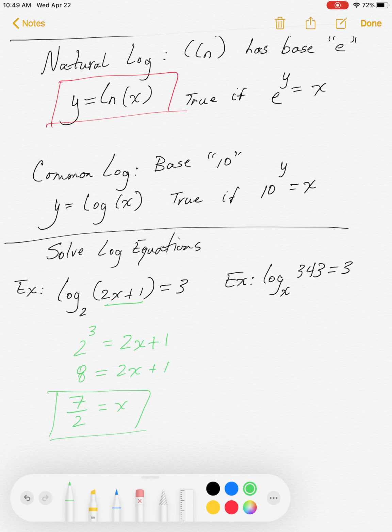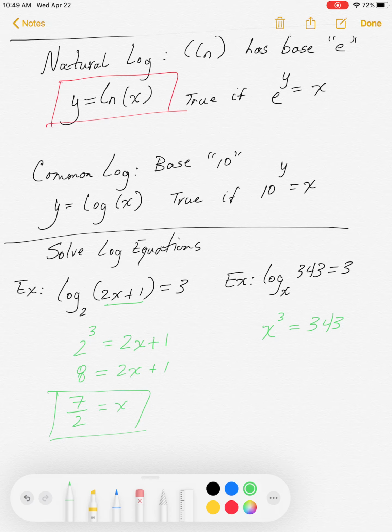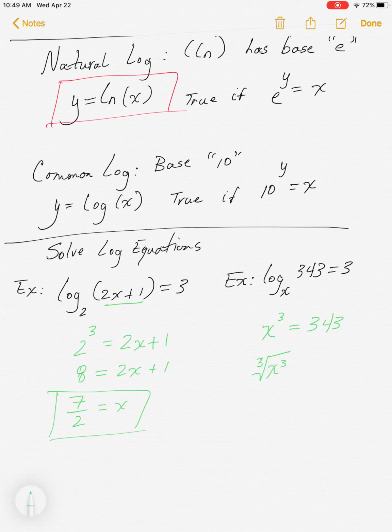Convert. Base is x, exponent is 3, equal to 343. Undo a cube power by cube root. x equals 7.